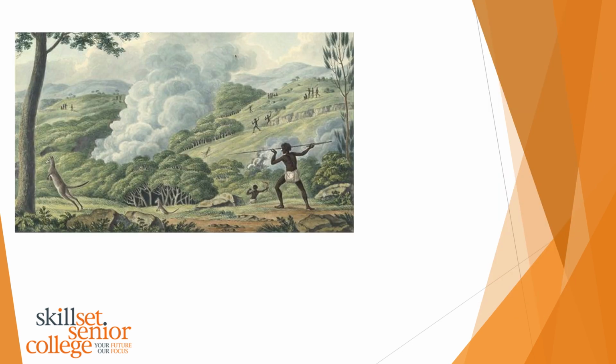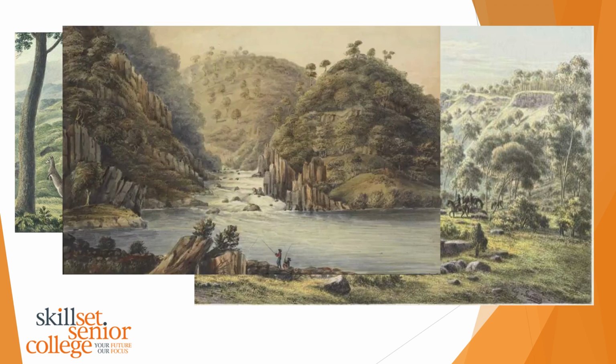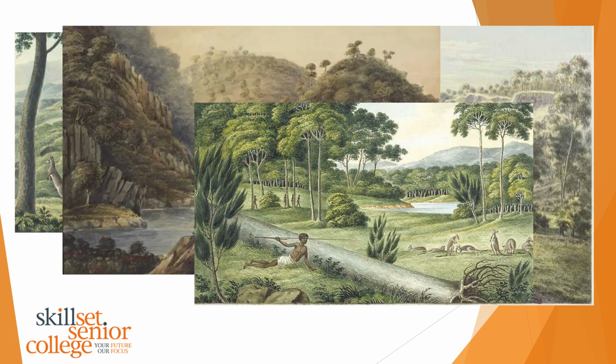Here are some of the paintings that Gammage looked through. And you can see these open areas of grassland. And I'll stop on this picture here. Like I said before, what that allowed Aboriginal people to do was essentially herd, or know where the kangaroos were going to be.